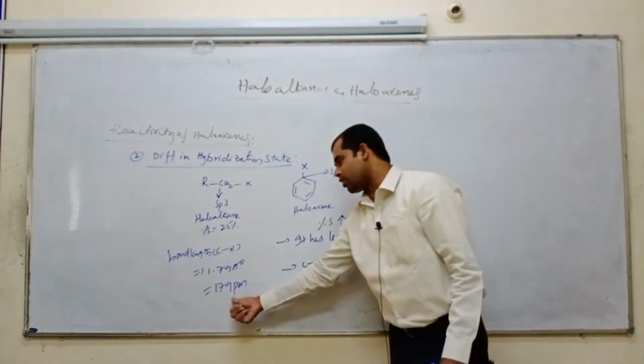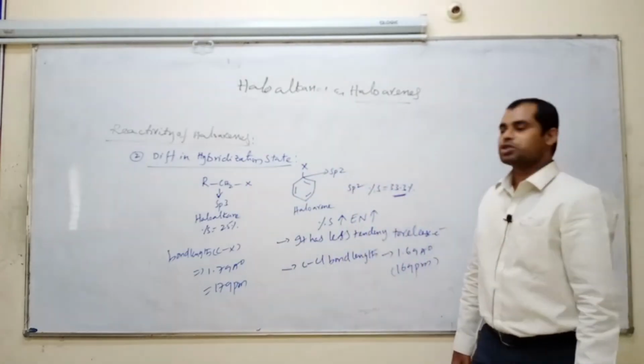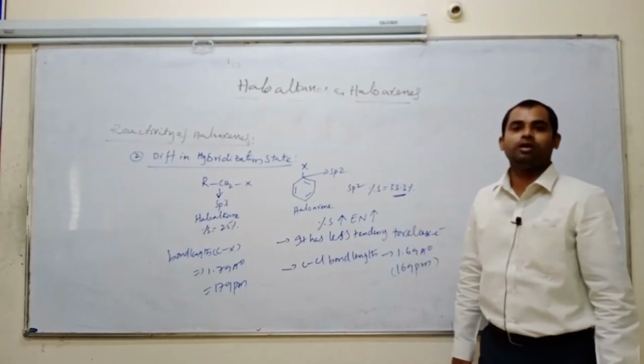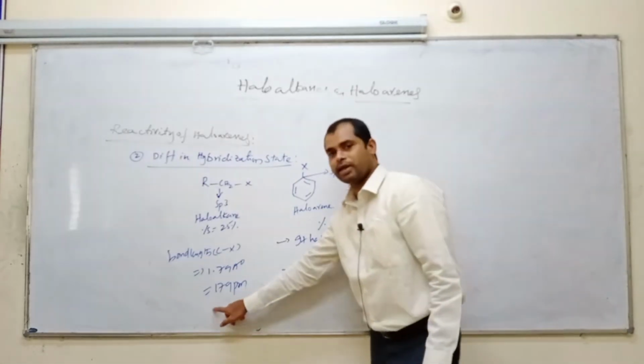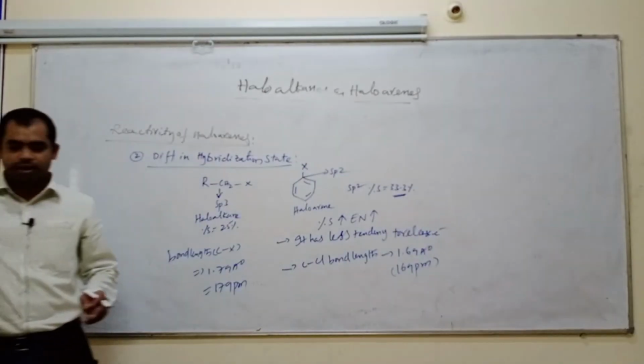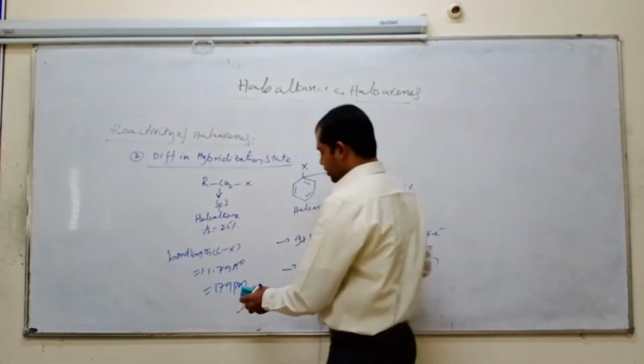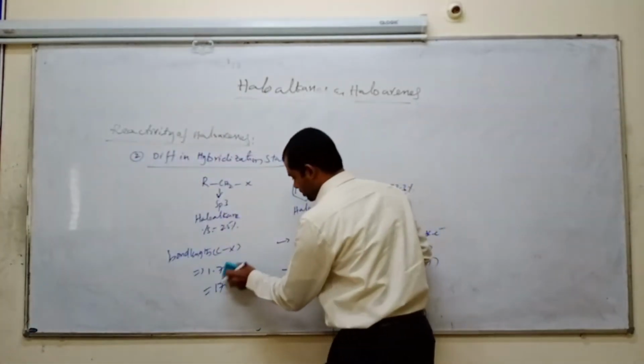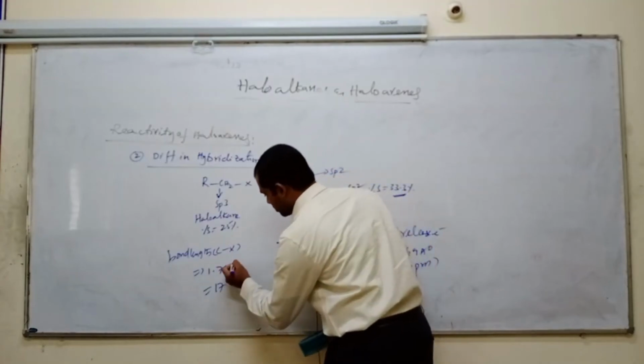In haloalkanes, the carbon-halogen bond length is 1.79 angstroms, that is 179 picometers. A shorter bond length means bond breaking is very difficult, whereas in haloalkanes the bond breaks easily. That is also another reason.